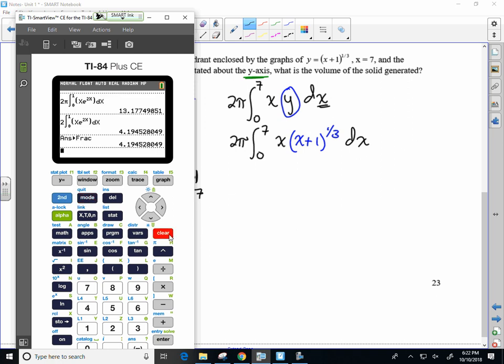And you know what? If you want, you could just leave it in terms of y. If you know that y1 in your calculator is the function you're looking for, and that almost always is the case, then you could write it like this: math 9. I'll put the 2 pi in first.